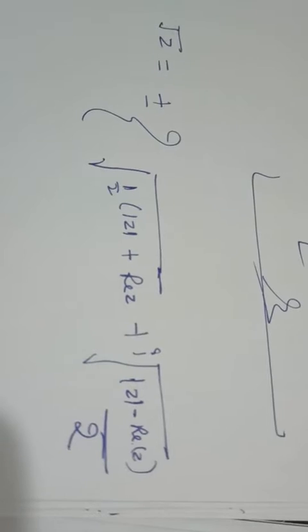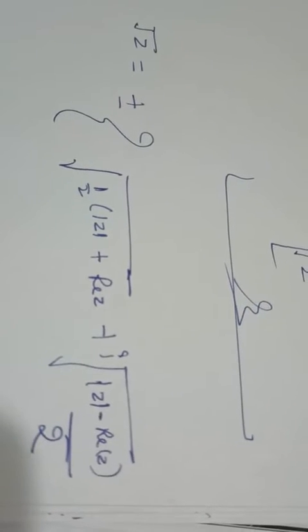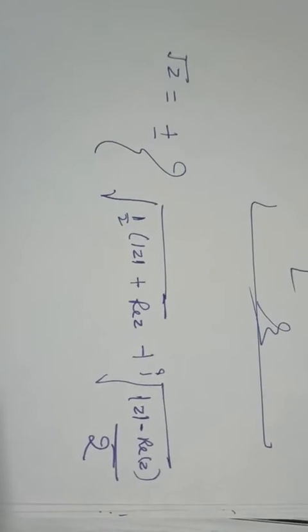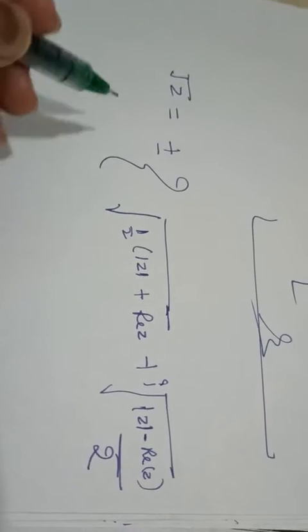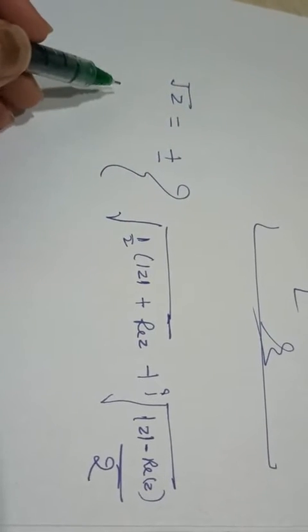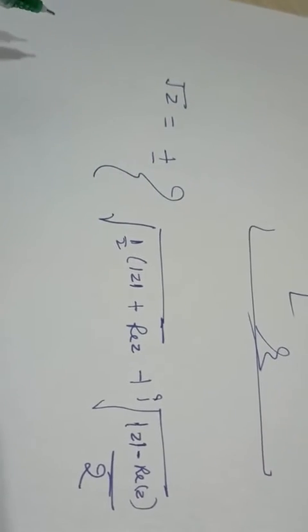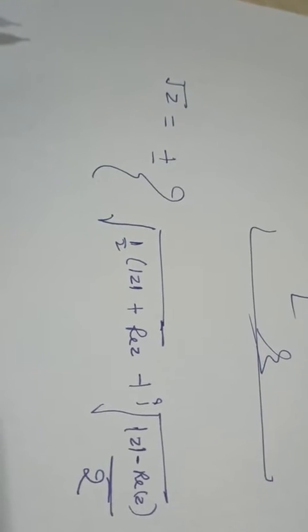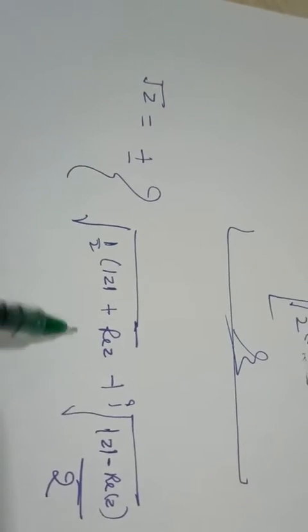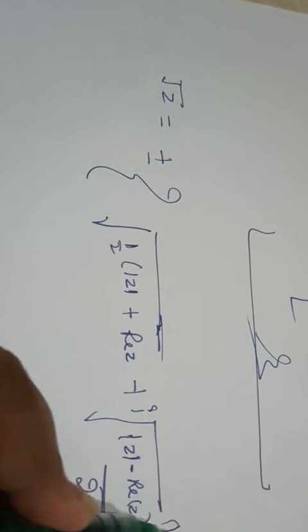So these are two answers. You can simply apply this formula also to find the square root of z, but I think if you go according to the derivation we did, it will be easier, because it's not easy to memorize this formula.